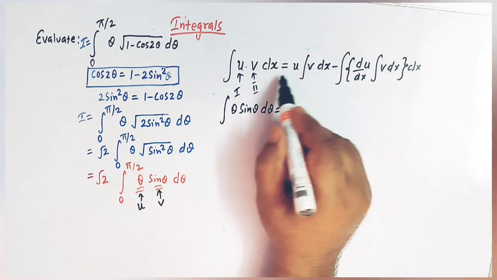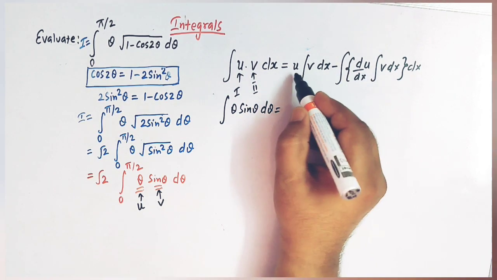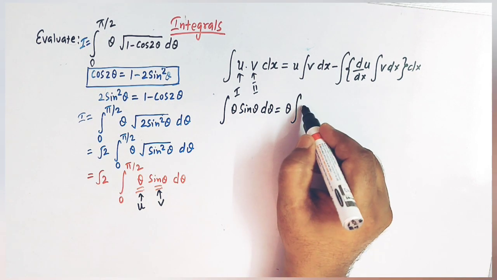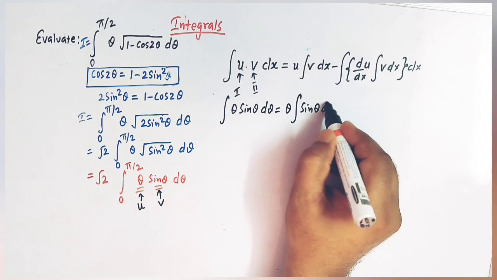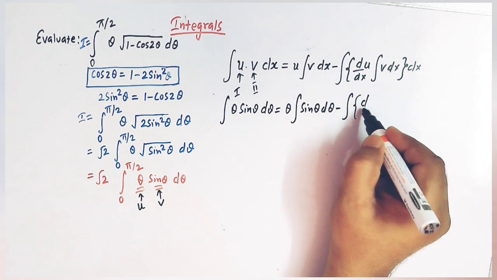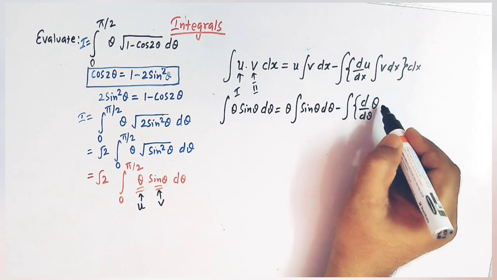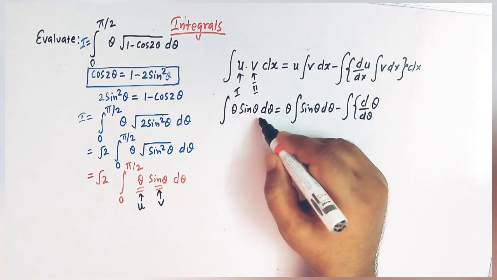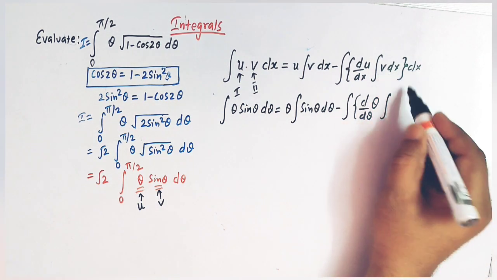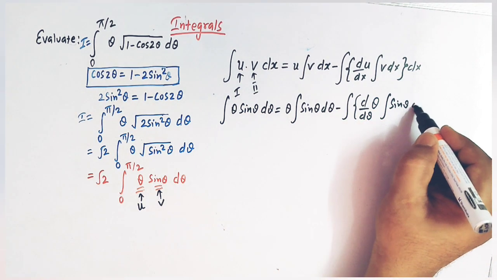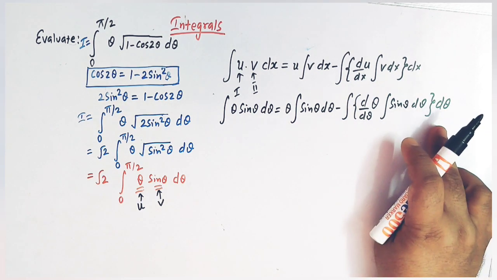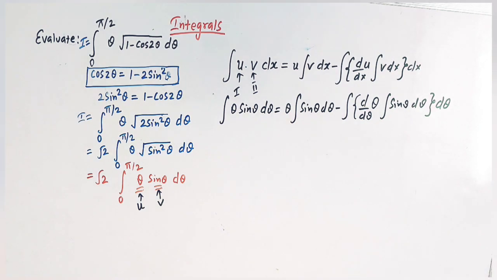By using this result, we can write: first we'll have theta times integral of sine theta d theta, minus integral of the derivative of theta with respect to theta, because here the variable is theta, times the integral of sine theta d theta, and the whole quantity is again integrated with respect to theta.